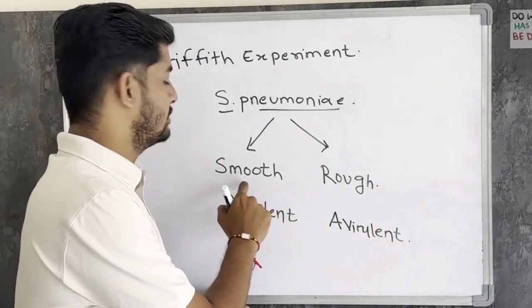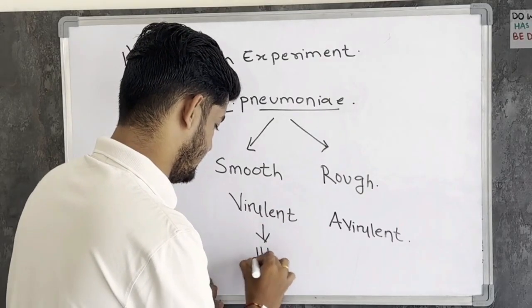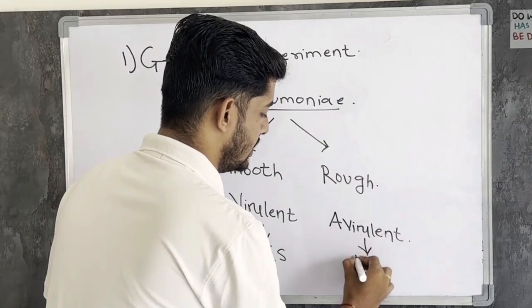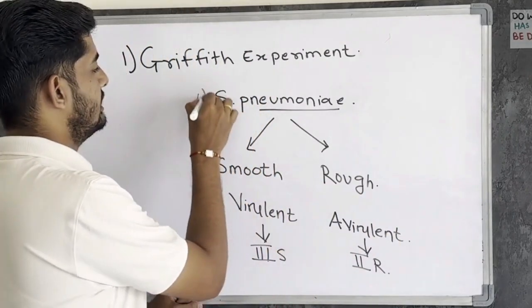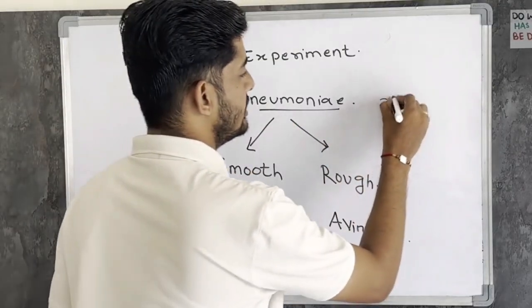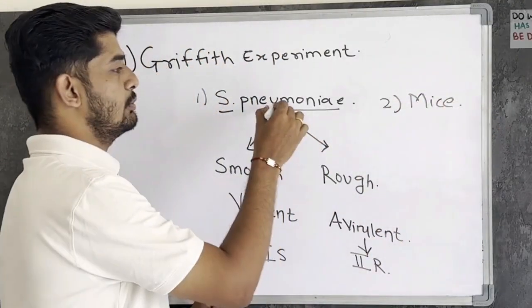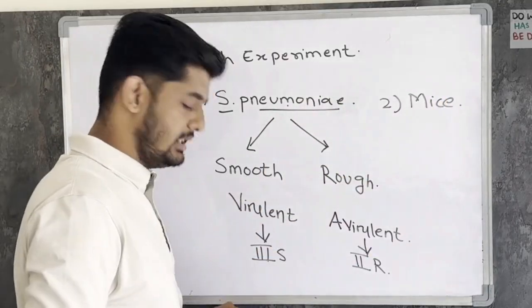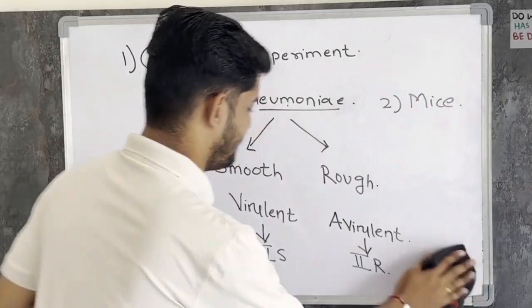The strain of the smooth colony that was used is the 3S type, and for the rough, the strain used was the 2R. So first was the Streptococcus pneumoniae and second he used the mice. The Streptococcus pneumoniae was injected in the mice, and now we will see how the experiment was conducted by Griffith in 1928.